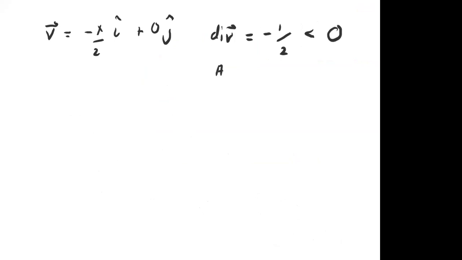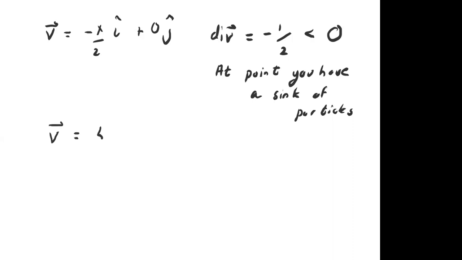And at a point anywhere in this fluid, you have not a source of particles, but a sink of particles. In other words, particles will be getting more and more dense inside that circle. And I'll come back to these examples next time, but I'll just write this out for convenience sake.